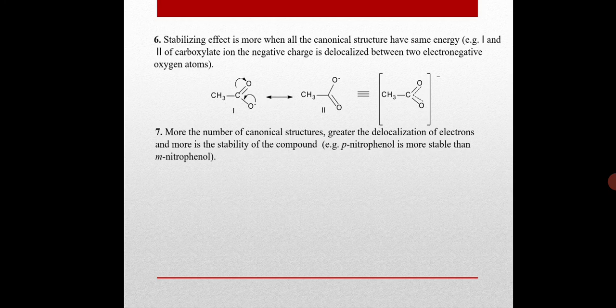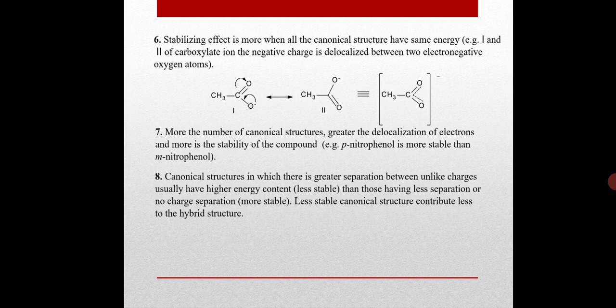If you draw the resonance structures of paranitrophenol and metanitrophenol, which I gave as an assignment in my last video, you must have seen that paranitrophenol has more resonance structures than metanitrophenol, and therefore paranitrophenol is more stable than metanitrophenol. So the more the number of resonance structures, the greater the delocalization of electrons and the more the stability of the compound.